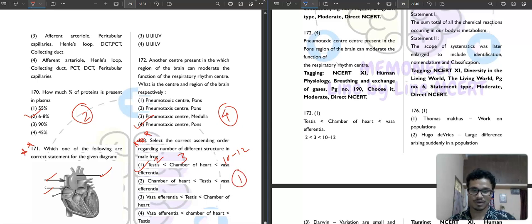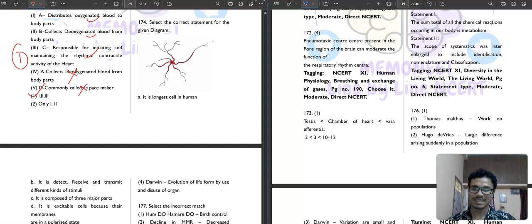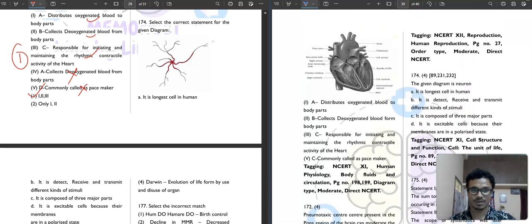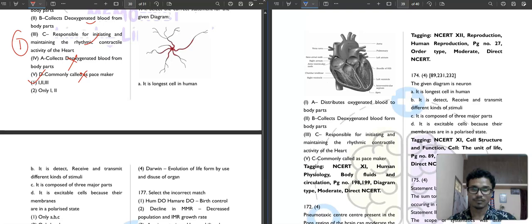Then question number 174. It is saying, select the correct statements for the given diagram. A, it is the longest cell in human. Yes, neural tissue, the longest cell in human.